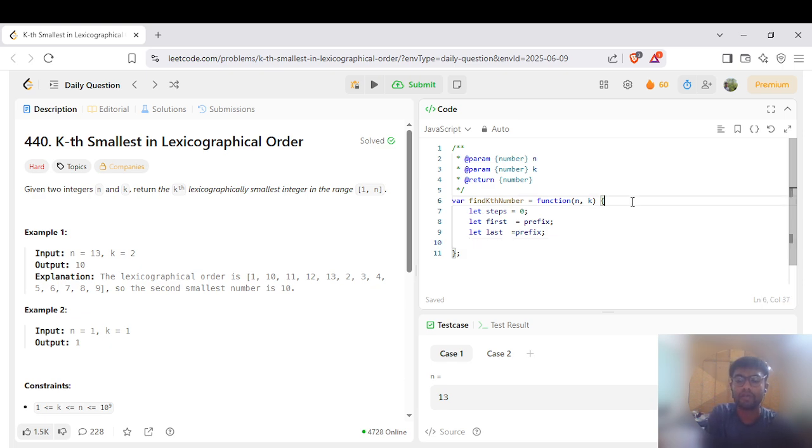Initially we are going to build our function which helps us return the number of steps, and we are doing that this way.